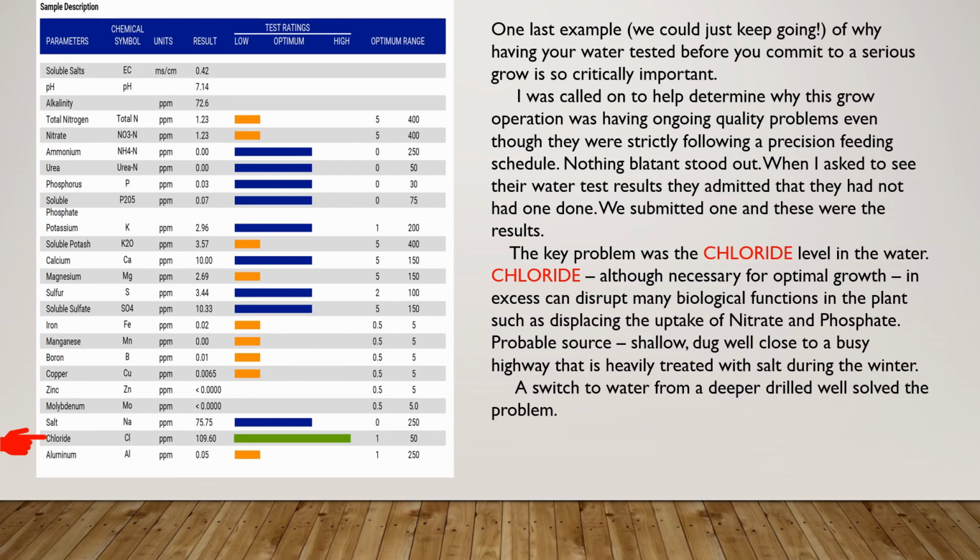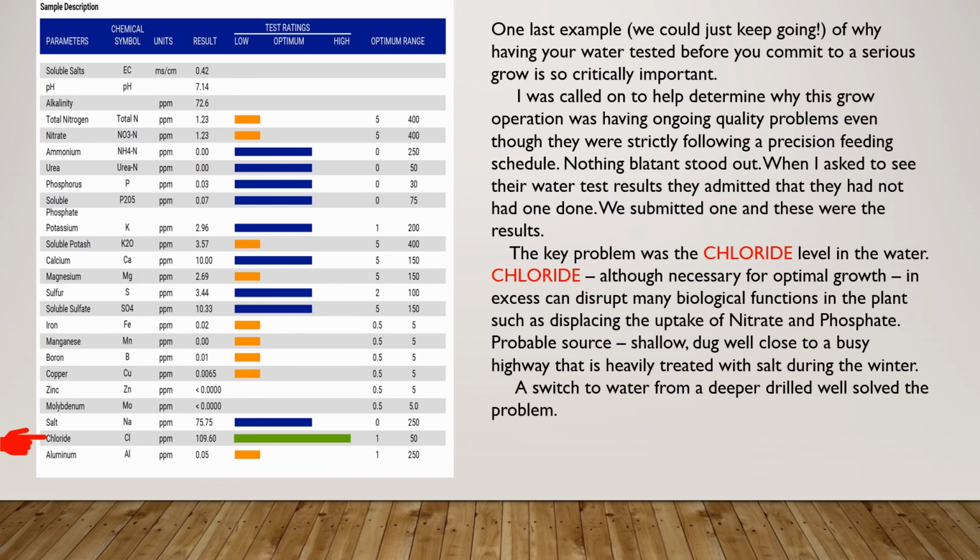One of the problems with chloride is that it can really interrupt and disrupt a lot of the biological functions that the plant is undergoing. And a couple of the key reactions that it will displace are the uptake of nitrate and phosphate, two critically important processes during the growth of our plants.